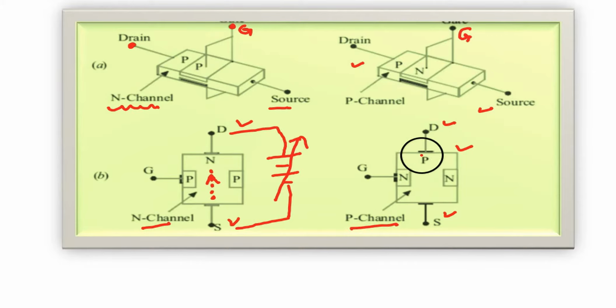In P-channel FET, the channel is P-type, gate is N-type. In N-channel FET, the channel is N-type semiconductor and gate is P-type. Okay.